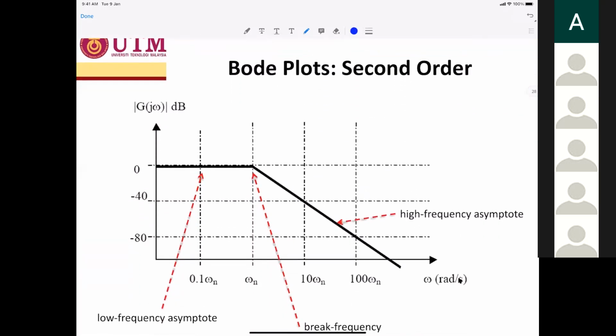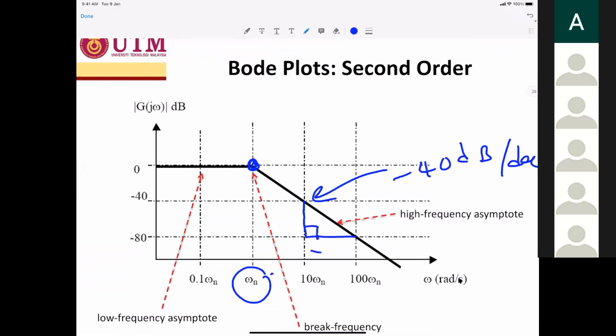Then we can plot it here, where the break frequency is omega n, and this slope is not minus 20 decibel, but minus 40 decibel per decade. How I calculate that is very simple. Take a triangle. This is 1 decade, and this one is 40. Am I right? 80 minus 40 is 40.